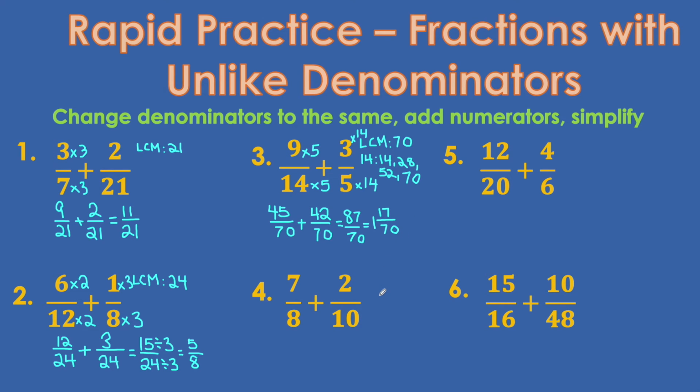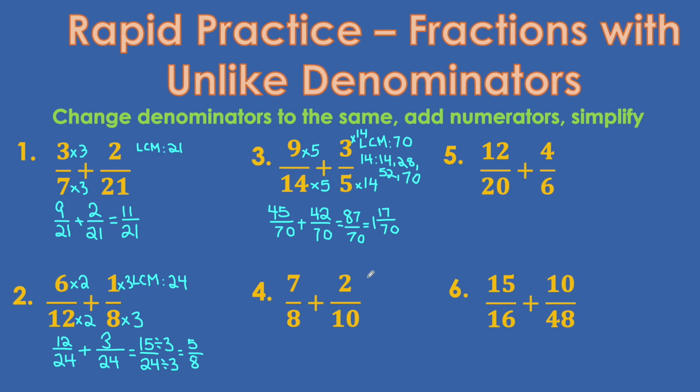Now let's look at number 4. We have 7/8 plus 2/10. 10 is the larger denominator. Then you start to think of multiples of 10, and if 8 can be divided into one of those multiples of 10. So the first multiple of 10 would be 10.